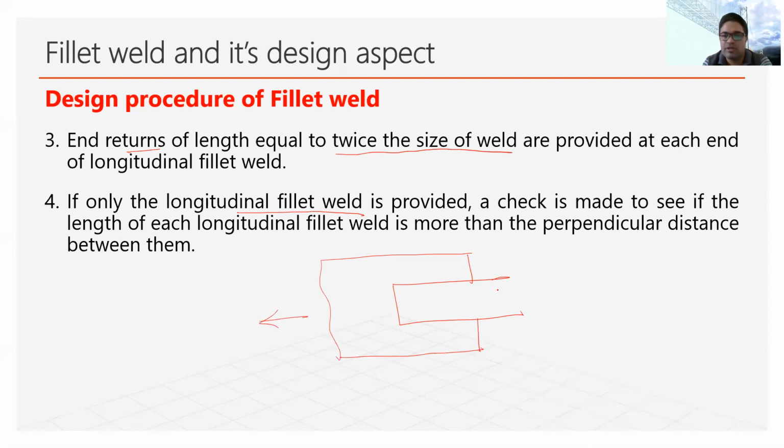If the force is going like this, and we only provide welding along this length and along this length, then we have to check that this length L should be greater than or equal to B. This is what we do in the fourth step. Once we do it, we are finished with our steps.